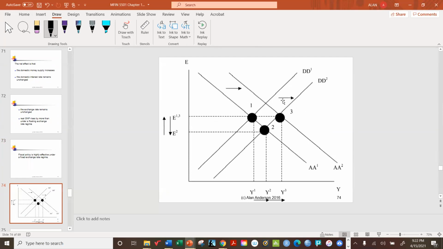We originally started out by increasing the DD curve, but when we get down here, what's happening is the central bank buys foreign assets, US rates fall, and so the domestic currency depreciates.